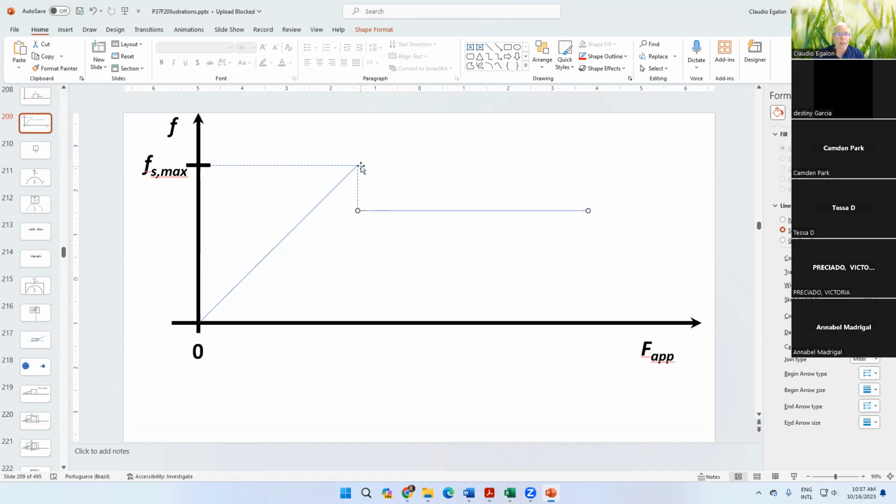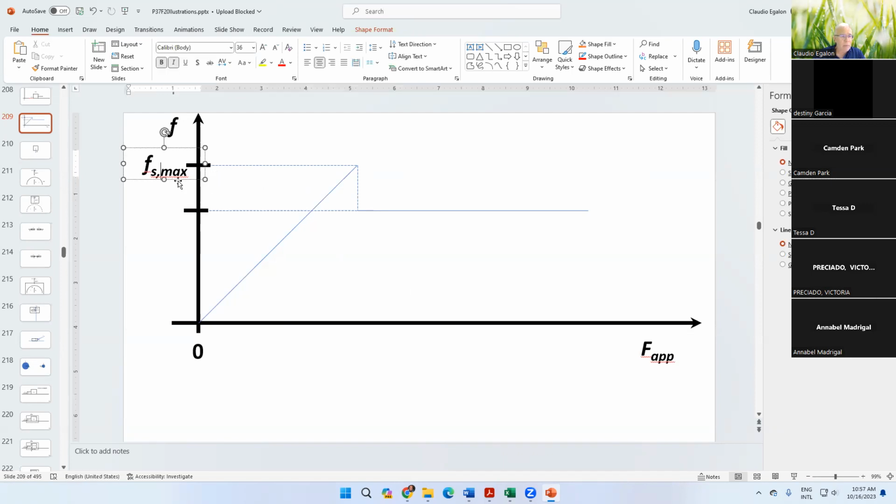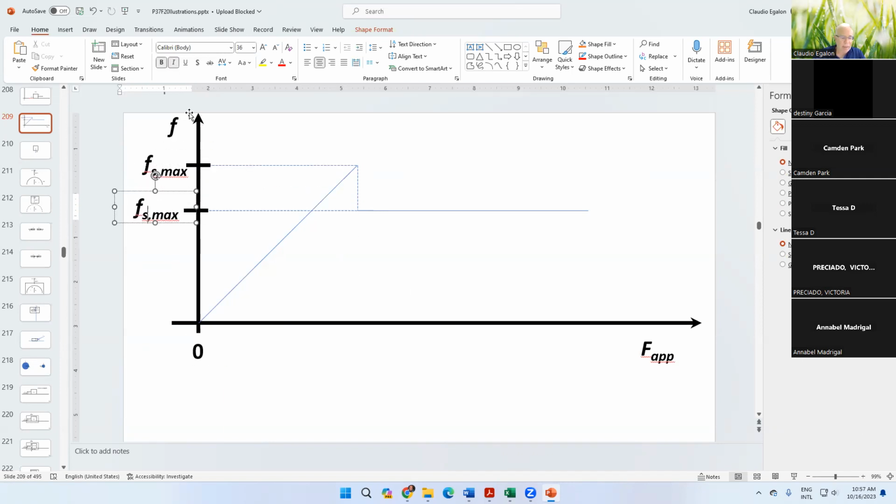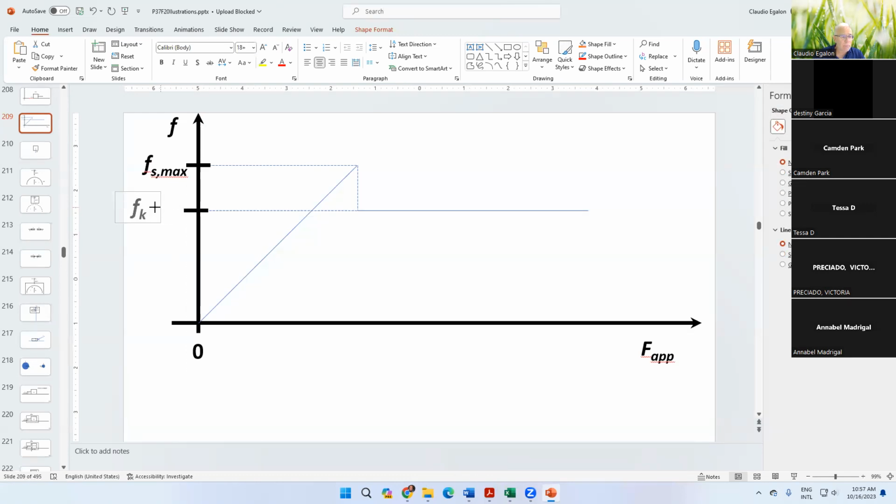There's a discontinuity. The force that was initially a force of static friction becomes what we call the force of kinetic friction, and it's not a maximum value. The force of kinetic friction doesn't change in value.